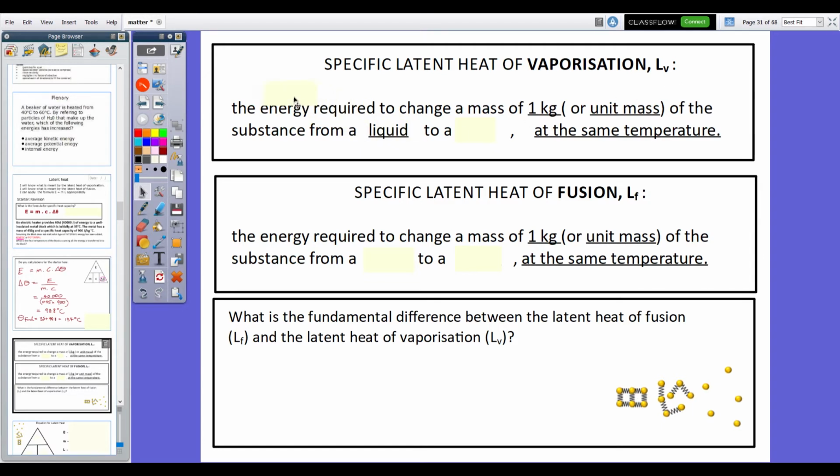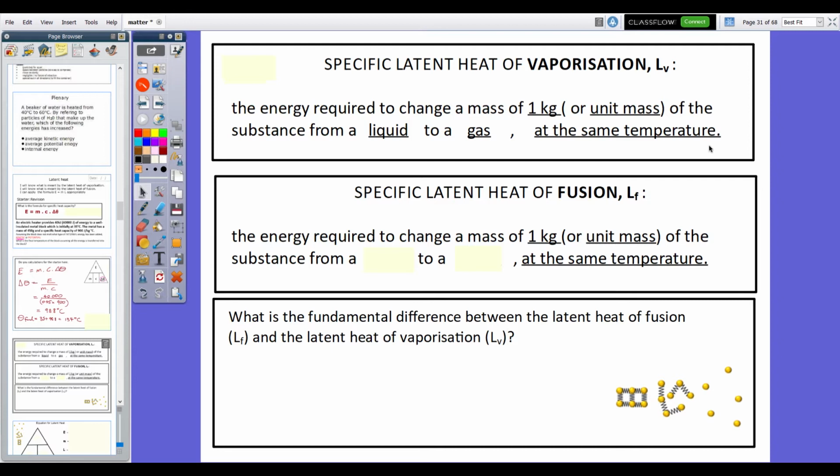Well, that is called the specific latent heat of vaporization, when we change a liquid into a gas. The way we measure it is when we talk about changing 1 kilogram, that's our unit mass, and all this happens at the same temperature.